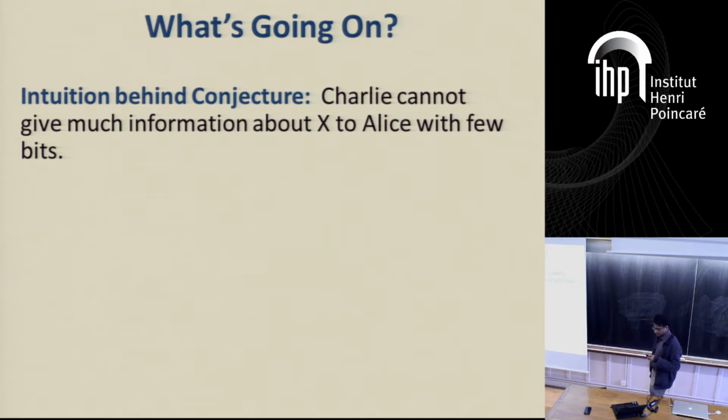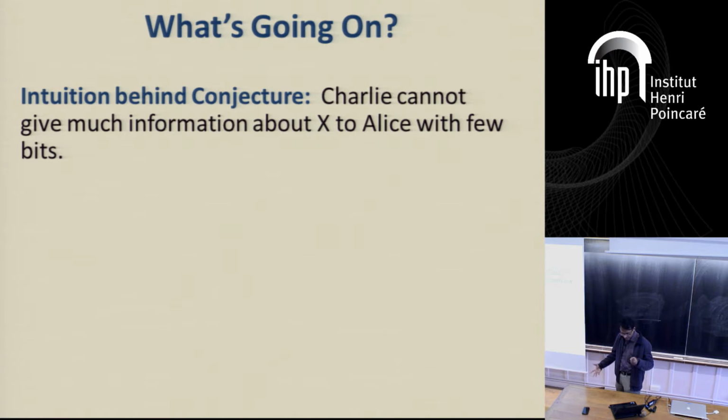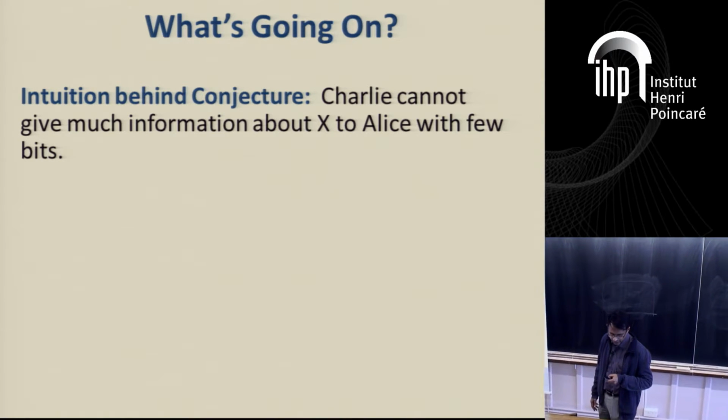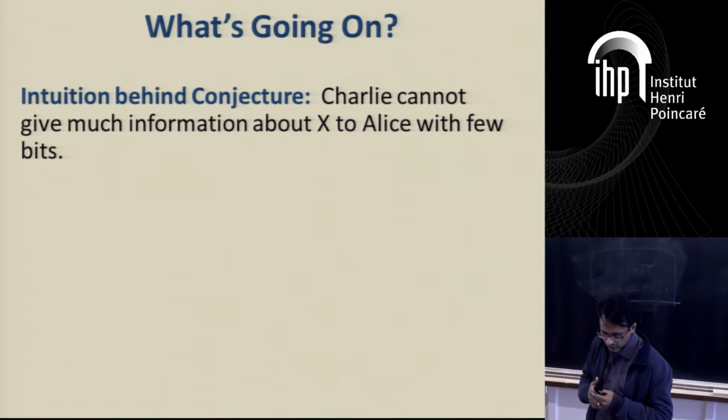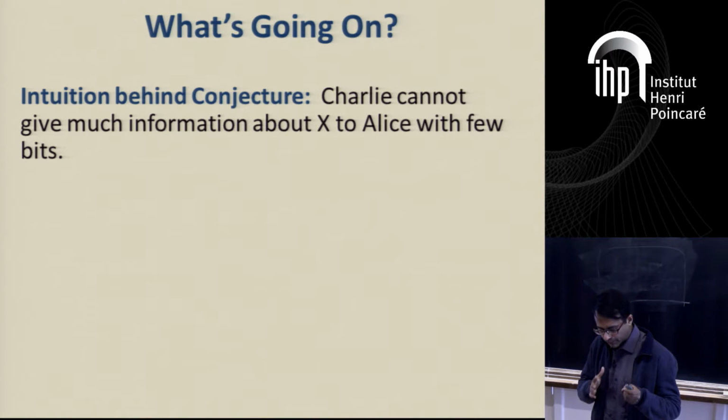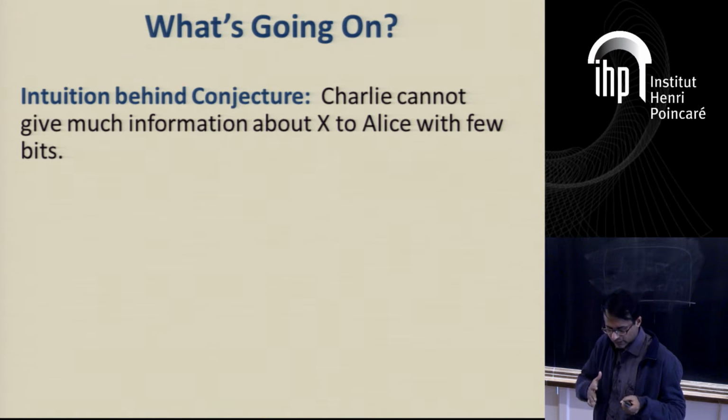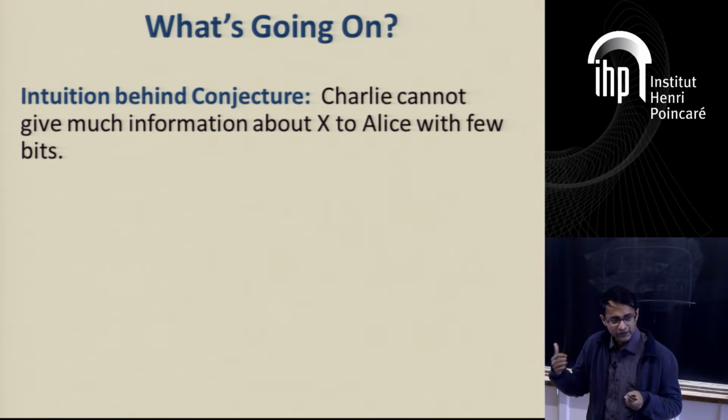So what is going wrong with the simple intuition that one had about the conjecture is that the intuition was from the point of view of the player who was missing x. It was that Charlie cannot give much information about x to Alice. But this counterexample shows that Charlie would go after Bob, actually.